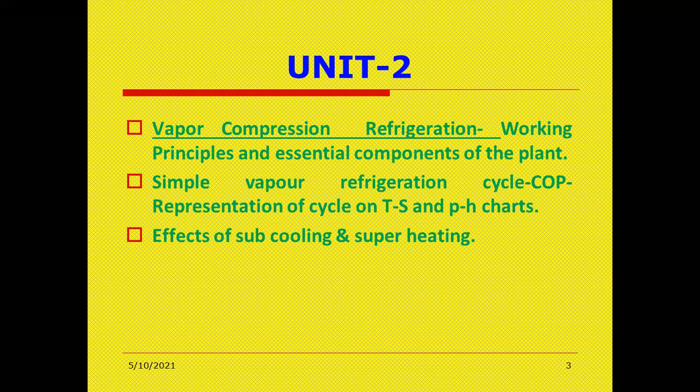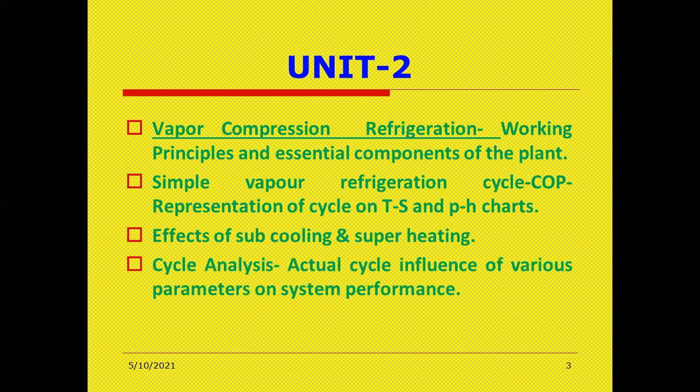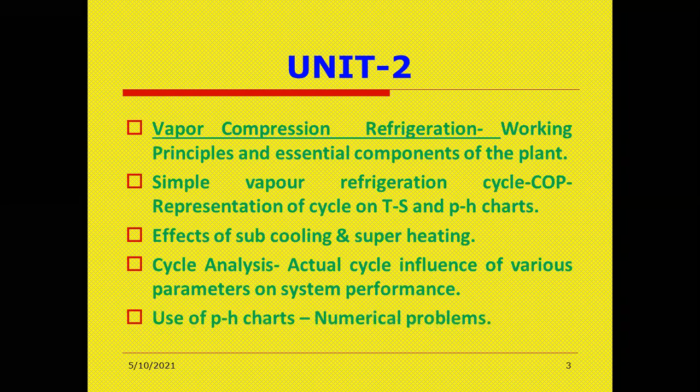Cooling, supercooling, heating, superheating. These concepts you can see in this unit 2. Next, cycle analysis, actual cycle influences of various parameters on system performance. Next, use of pH charts and numerical problems.